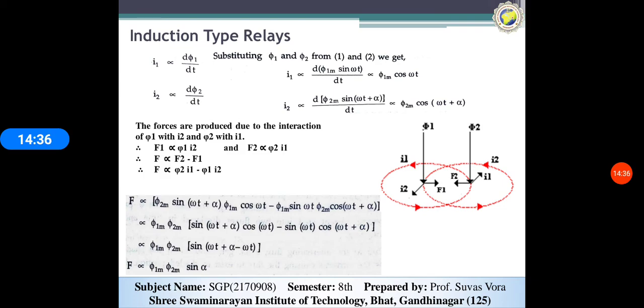At that time the same torque will be generated, and you can see here the directions of I1 and I2 are opposite to each other, but this current will be in the same direction. At that time the disk will stop and the induction relay will operate. This is the basic difference between the induction type relay and the thermal relay.